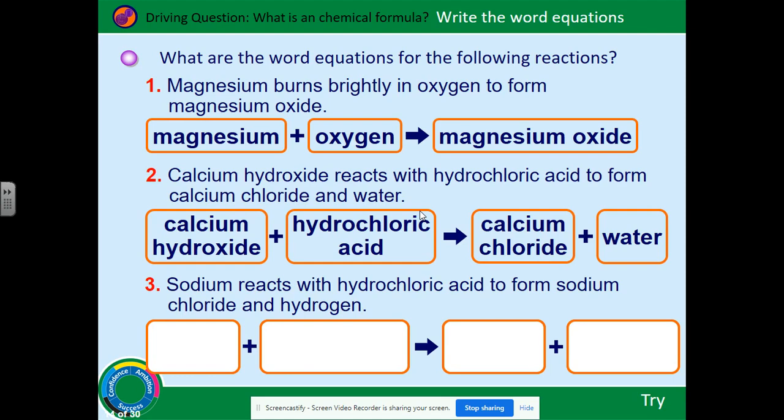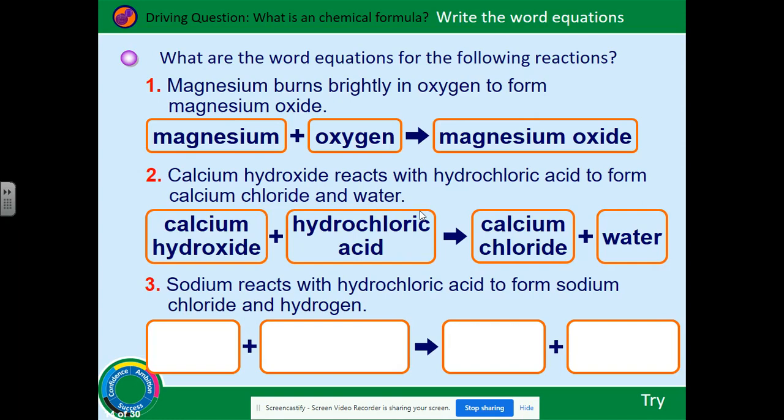Question 3. Sodium reacts with hydrochloric acid. From that point of view, you can tell which 2 substances already will be the reactants. Reactants are the 2 substances that react together to create a product or products. So again, sodium reacts with hydrochloric acid.